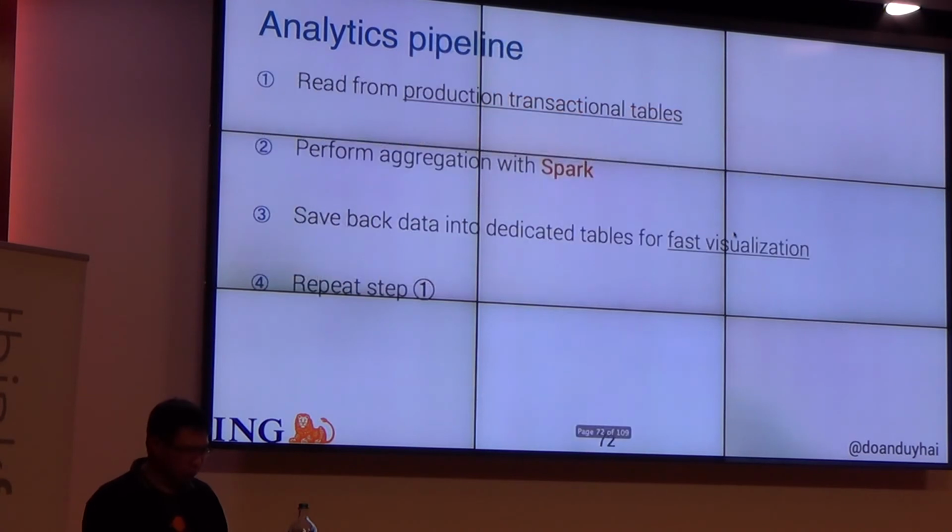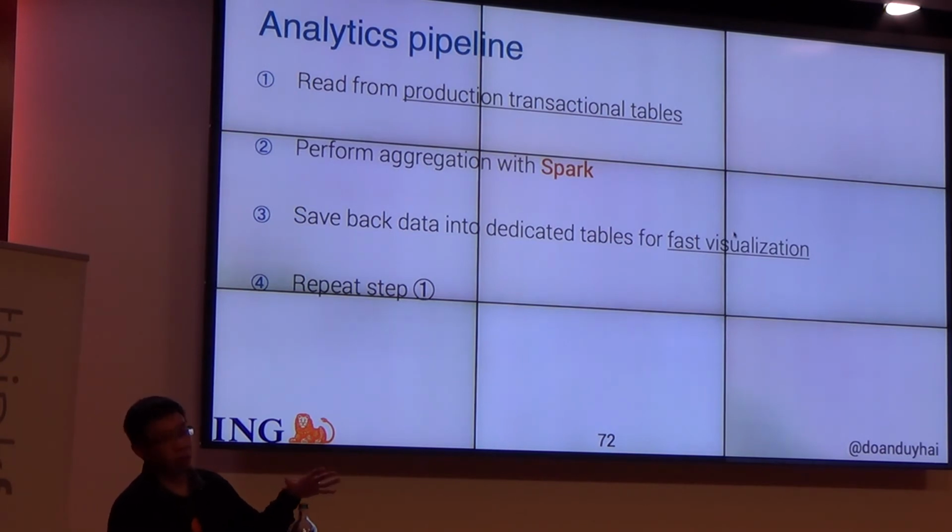So, in fact, we can have an analytics pipeline. The idea is you are reading data from your production tables, designed for high performance. You read those data with Spark, you aggregate the data with Spark, do joins on whatever you want, and you save the data back into dedicated tables for fast visualization. And that is the pipeline. Okay.